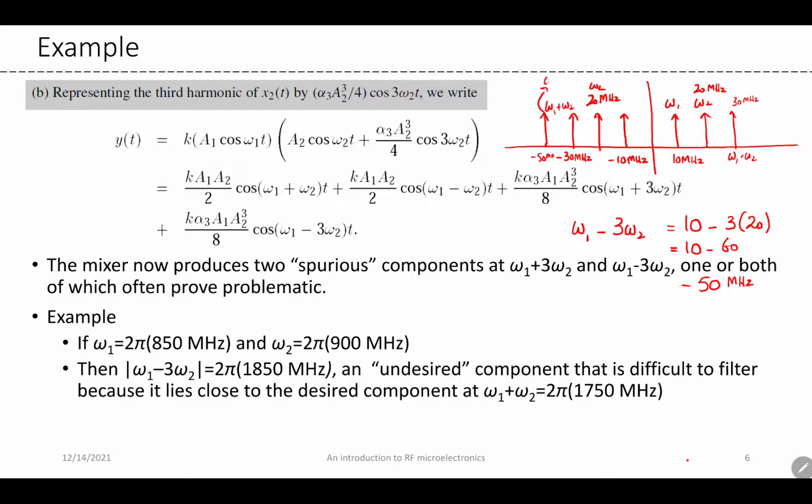So this is omega 1 minus 3 omega 2. So this eventually lies near the reflection of omega 1 plus omega 2.